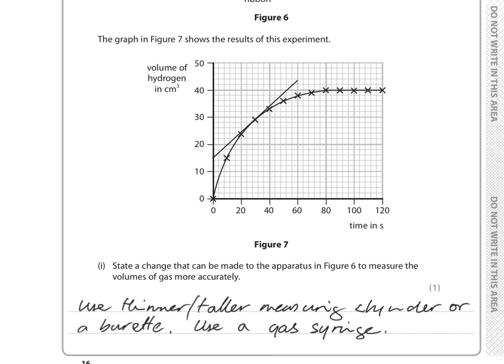So in other words, you'll have a faster rate of reaction, but the extent of the reaction, how much reaction occurs, will be the same. So on your graph, what you will have is a faster rate of production, but it will finish in the same place. So that's what the graph would look like if you use magnesium powder as opposed to magnesium ribbon.